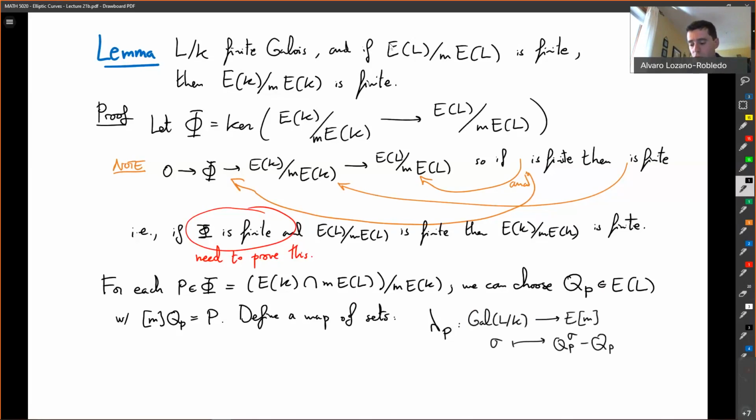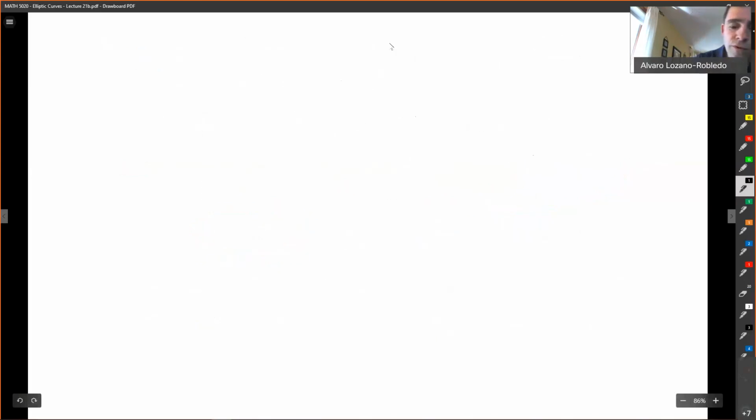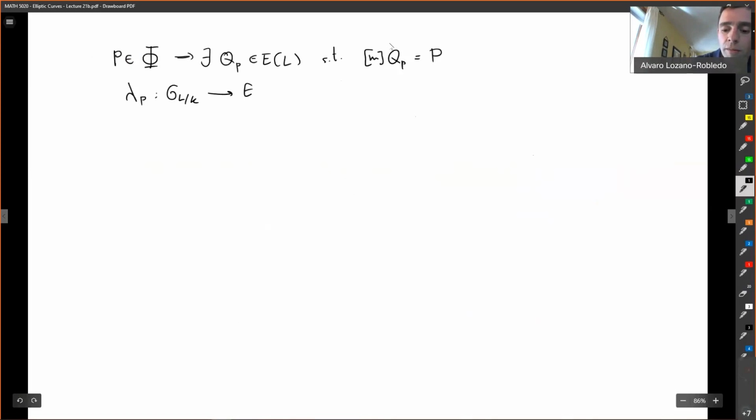Okay, so let me write this down again. So for P in the kernel, there is Q_P in E(L) such that M times Q_P is P, and we define lambda_P from the Galois group to E[M], sending sigma to Q_P sigma minus Q_P.